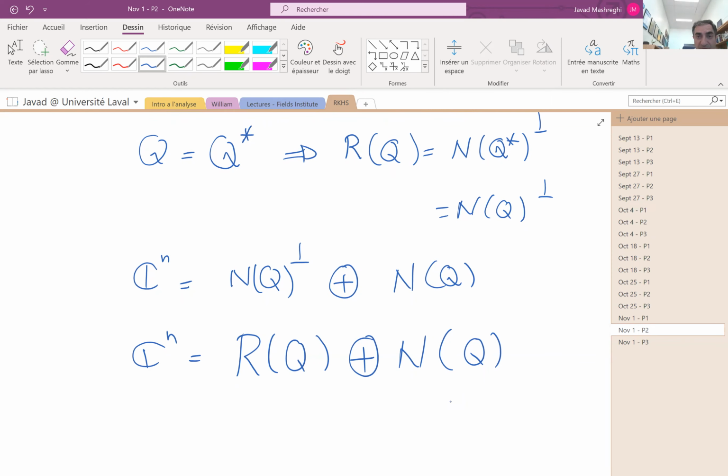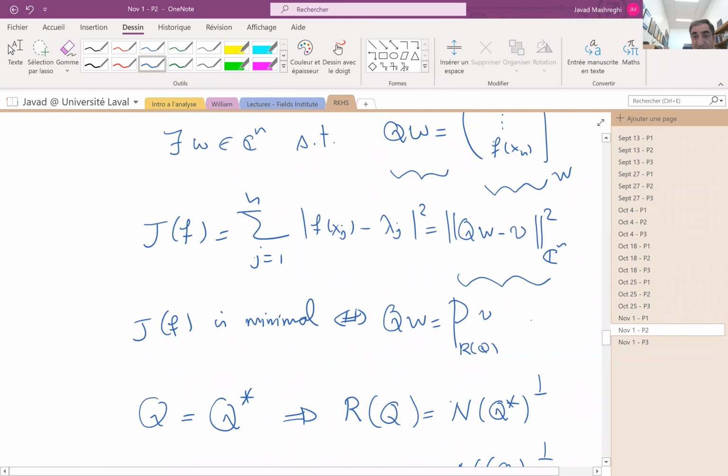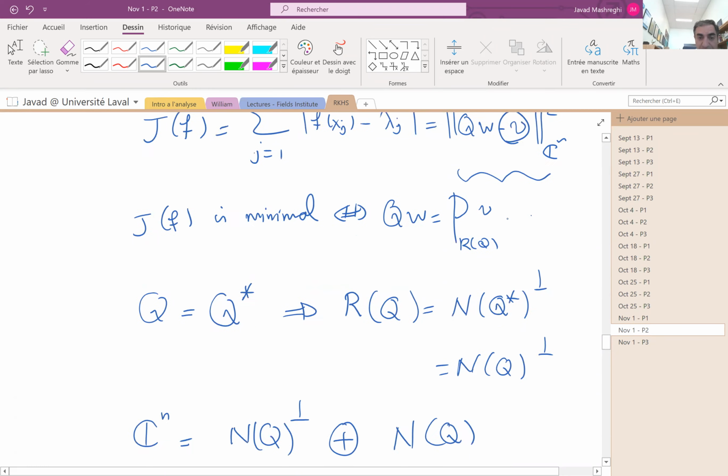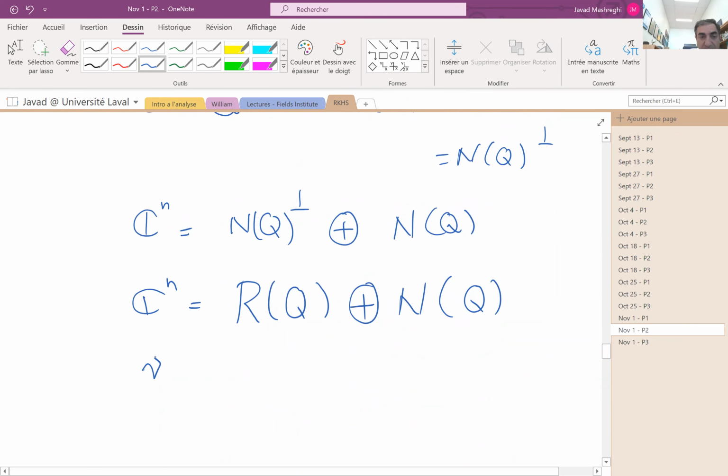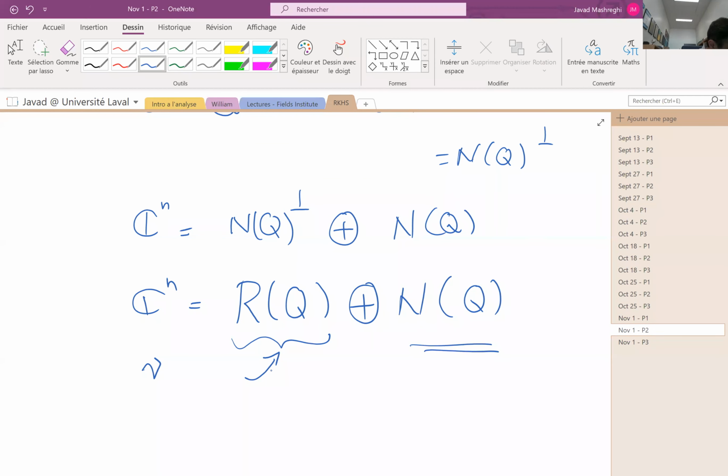So for any vector V which is given, we can project it on R of Q and put the other part in the garbage. And this gives us our best least mean square approximation. That's the solution we are looking for.